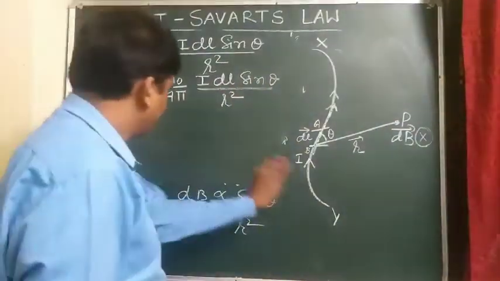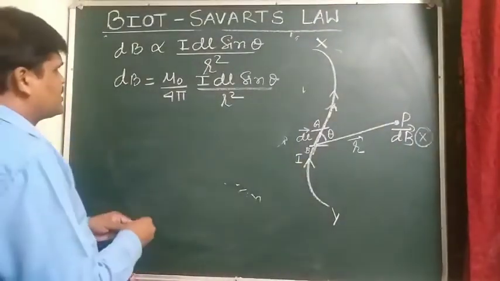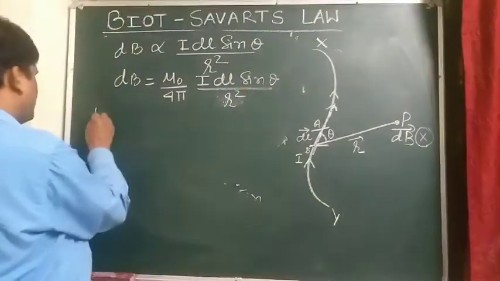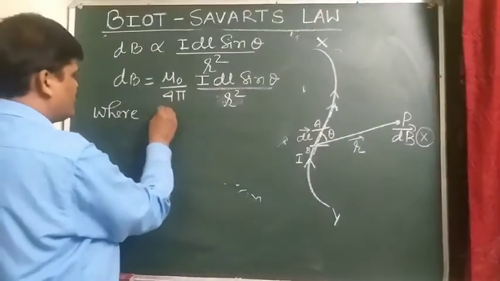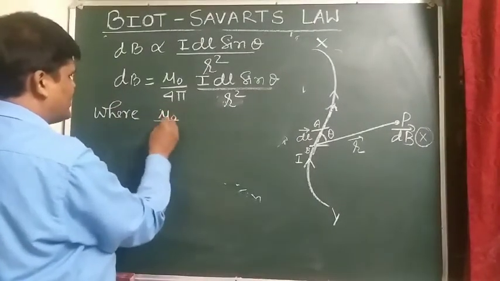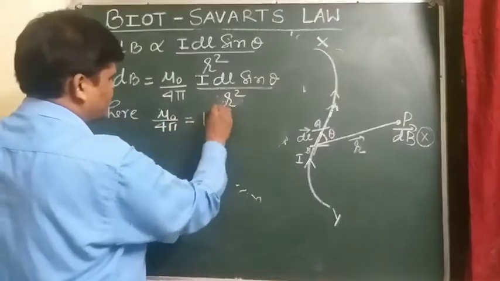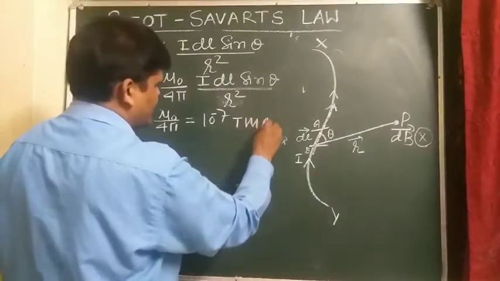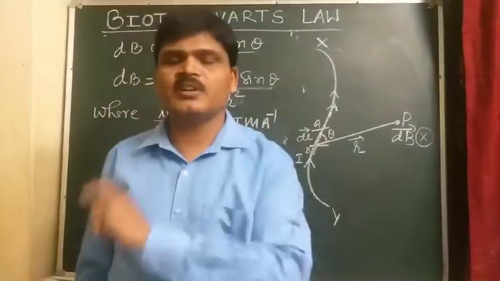And student, this constant is known as what? Where mu naught by 4 pi, its value is 10 to the power minus 7 Tesla meter ampere inverse. Student, Tesla is the SI unit of magnetic field.